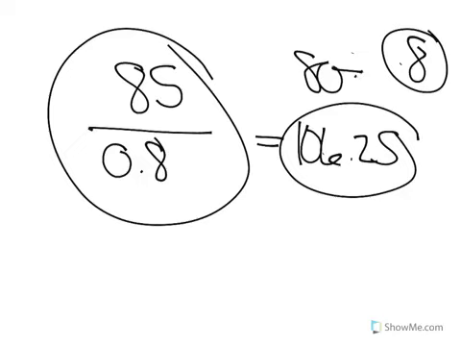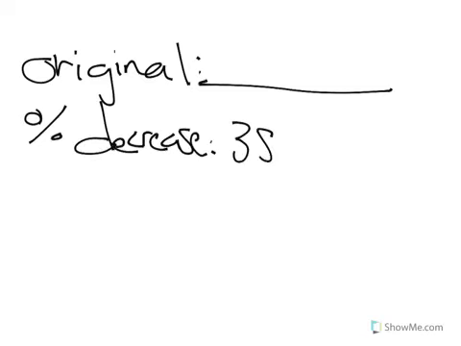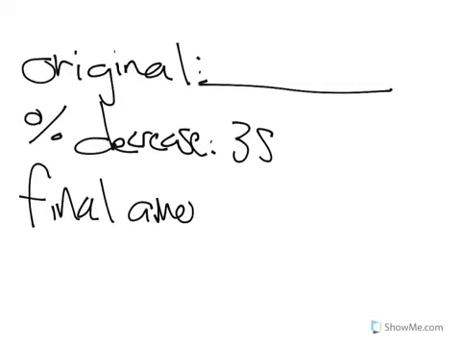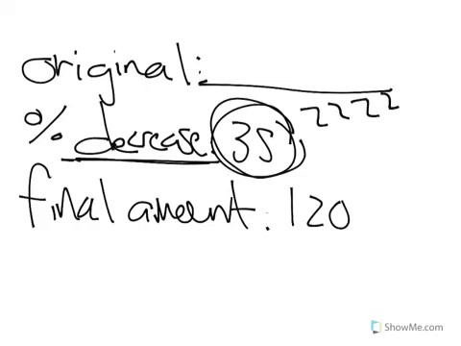So to recap again, when you're doing decreases, let's make up our own here. You don't have an original amount. Let's say you have a percent decrease of 35, and let's say you have a final amount of, let's say, 120. Okay, so once again, with a decrease, we think, I had 35, what would it take to get to 100?